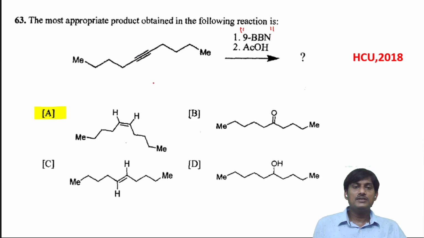So here there is a formation of alkene. First there is an addition of H and here there is an addition of B. And after treating with acetic acid, there is a removal of B and in place of B you will get hydrogen. Finally, a syn addition of hydrogens takes place when you treat with 9-BBN and acetic acid. So this is the correct option.